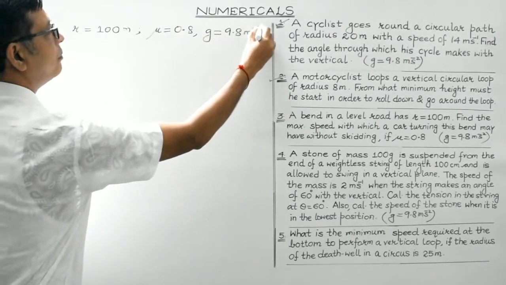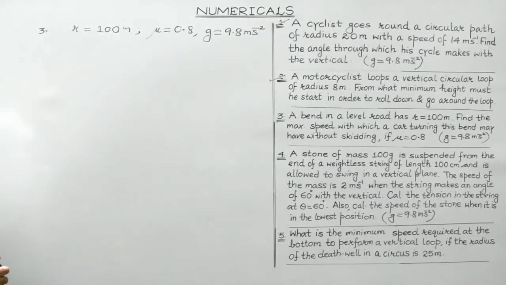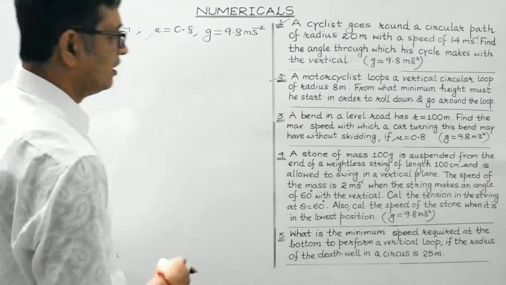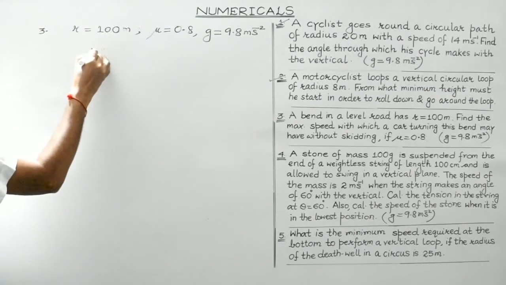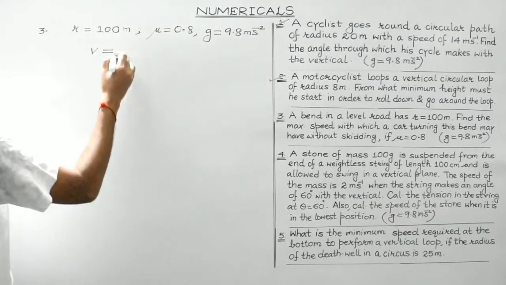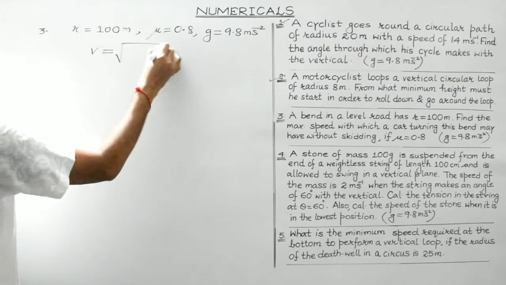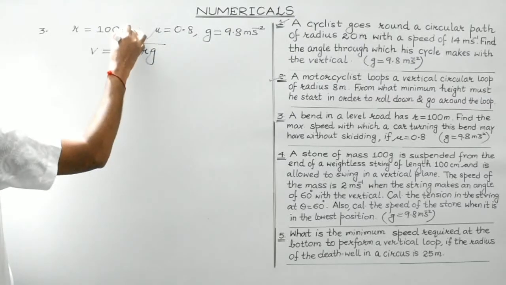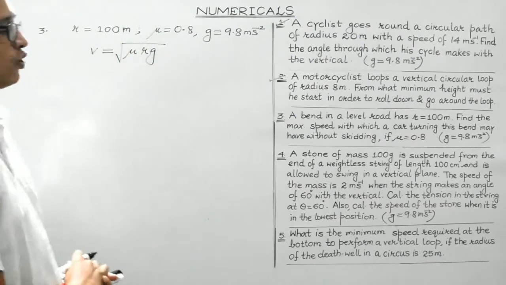So students, in this case, the formula for the maximum velocity which the vehicle can possess so as to execute the circular turn without skidding is square root of mu rg. Right?